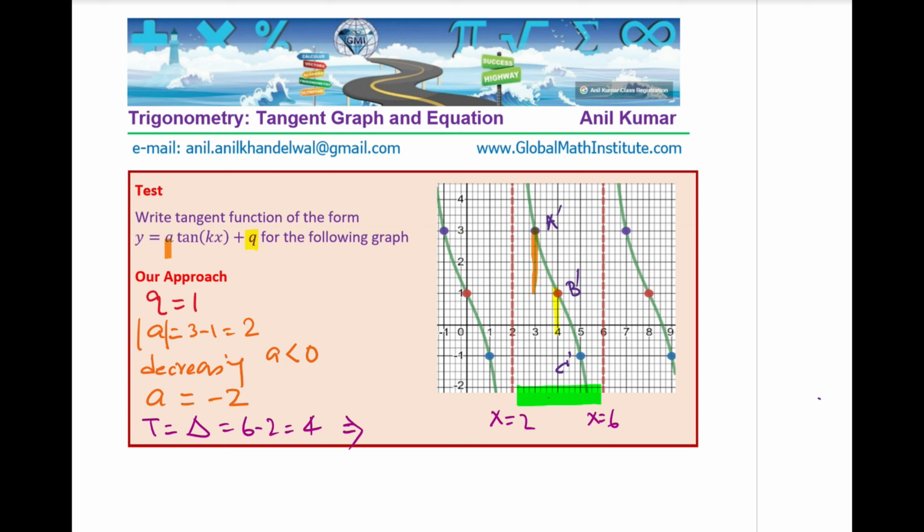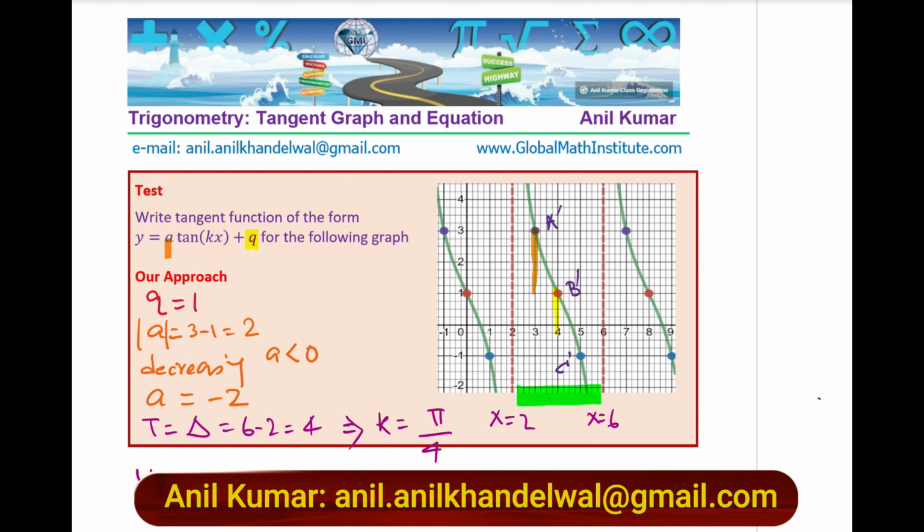And that gives us the value of k as pi, the regular period, divided by 4. So now we get the equation as y equals 2 minus 2 tan of the k value pi by 4 x plus the q value 1.